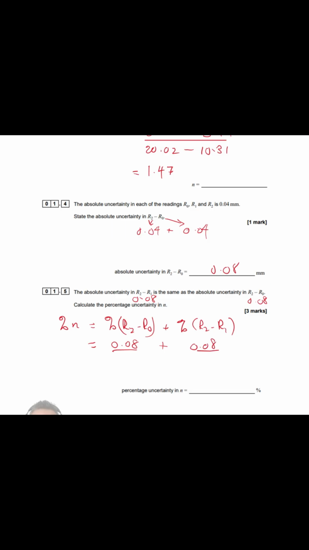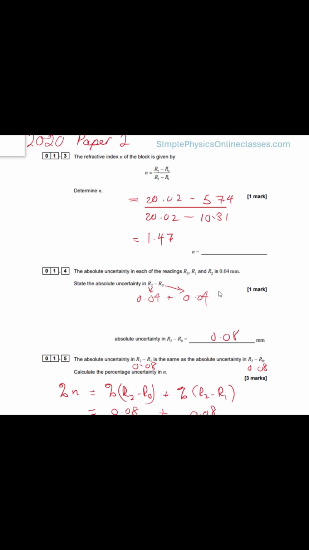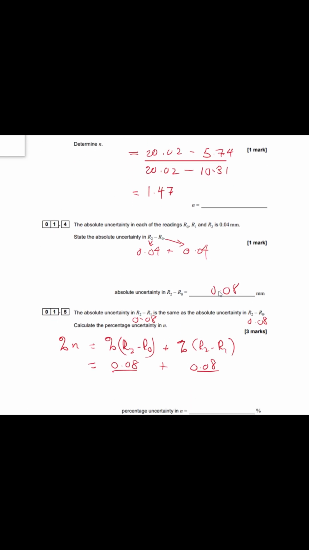So for this one, R2 minus R0, so that's 14.28, and don't forget you got to times by 100. And this one, R2 minus R1, so that's 9.71, and again times by 100.